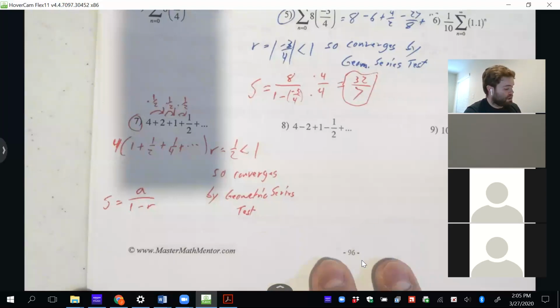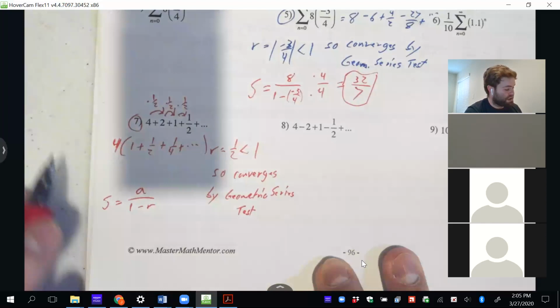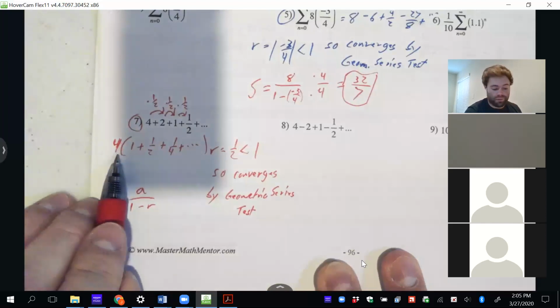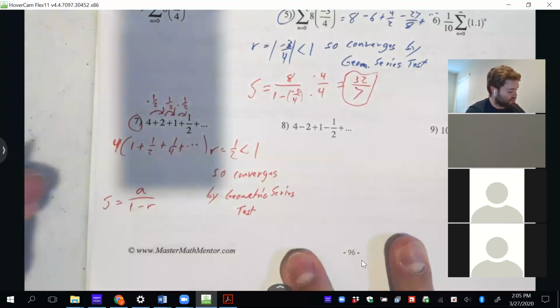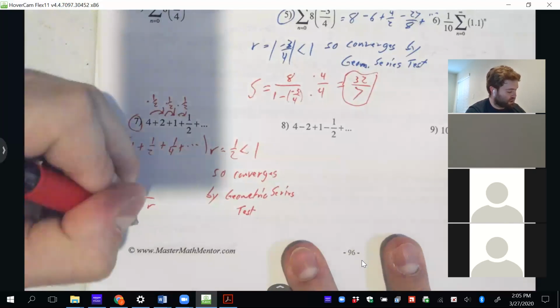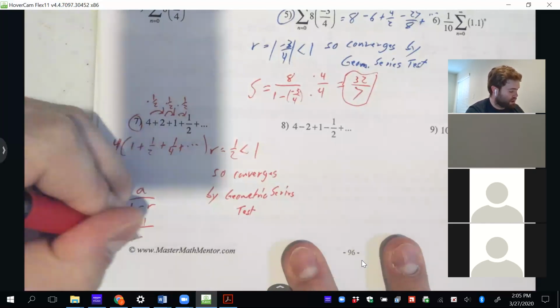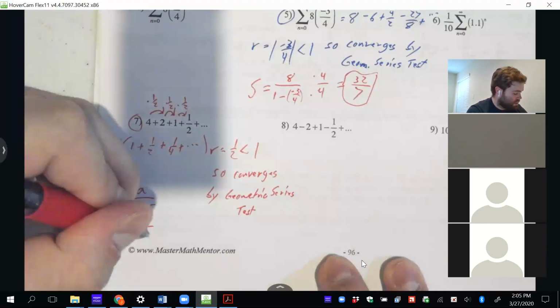And so the thing that is multiplying by the entire sequence is the 4. So that 4 must be the a value. So S would equal 4 over 1 minus 1/2.